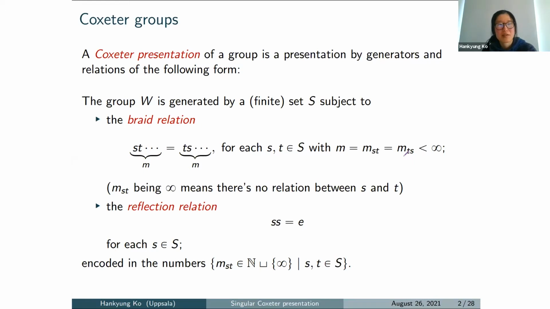This is the definition. Later I will just say Coxeter group. When I say it, that means it's a group W and generating set S with these braid relations and reflection relations.